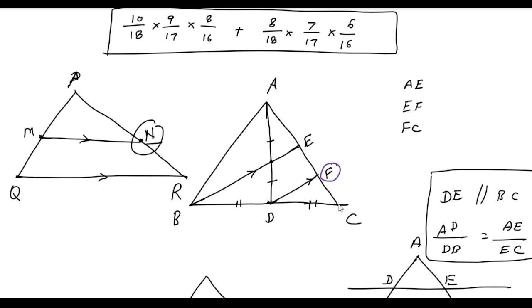So if I consider EF as X, FC will also be X. And if I take triangle ADF, suppose this point is G, so G is the midpoint of AD, and from this G I am drawing a line parallel to this DF, then E will also be the midpoint of AF. So as EF is X, AE will also be X. So now here it is AE X, EF X, and FC is X. 1:1:1.